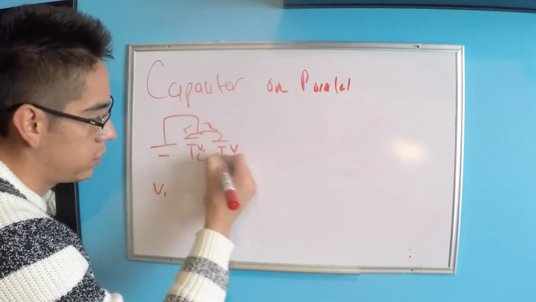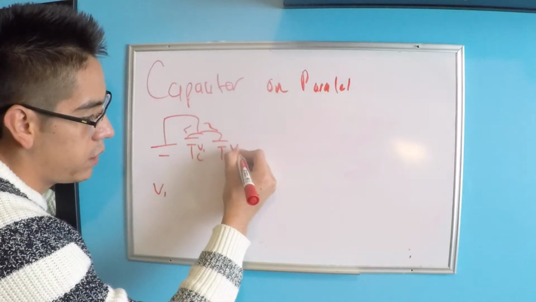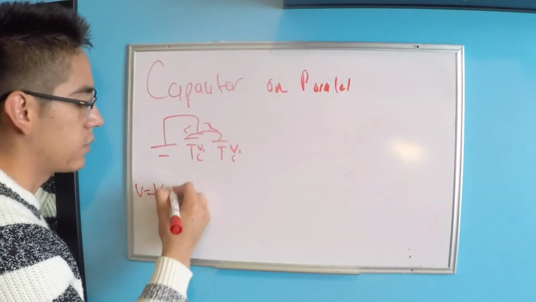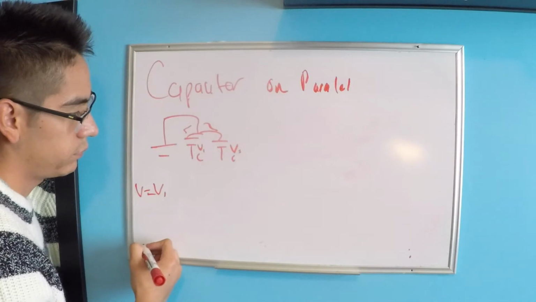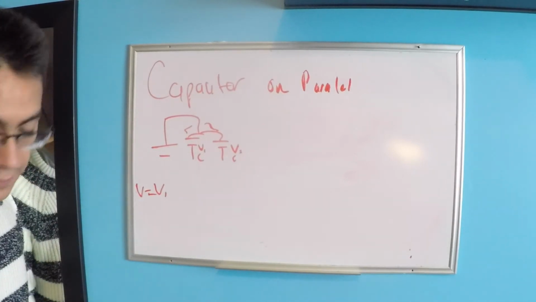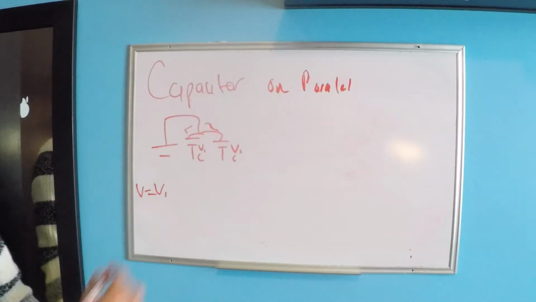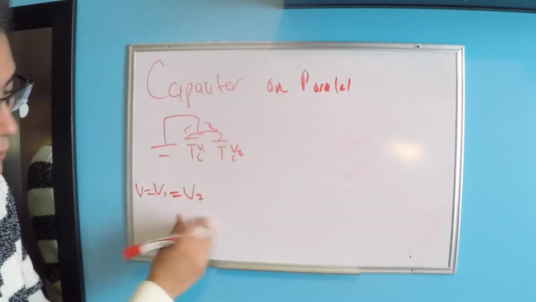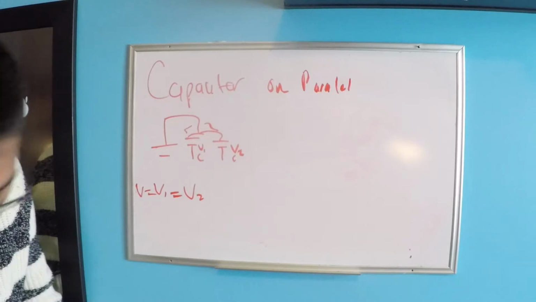But we got that V is equal to V1, like that. Okay, if you want a more appropriate notation, we're going to make this V2. The voltage will be the same.